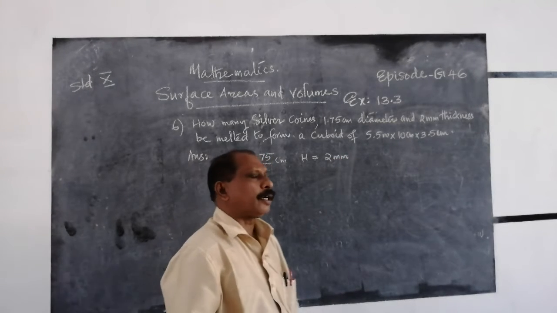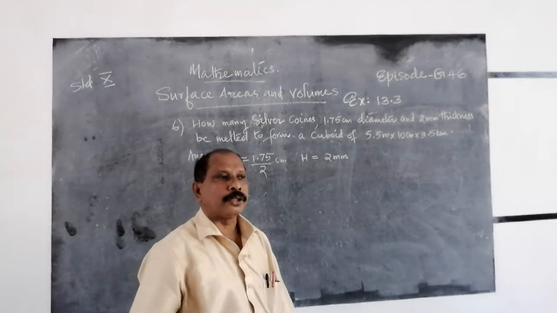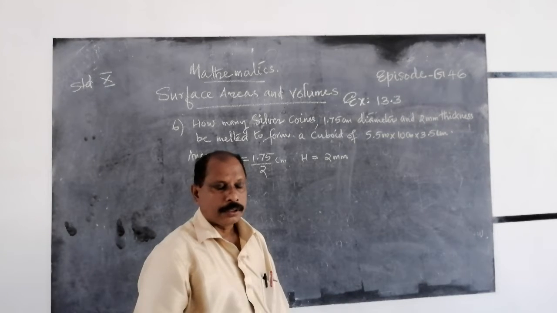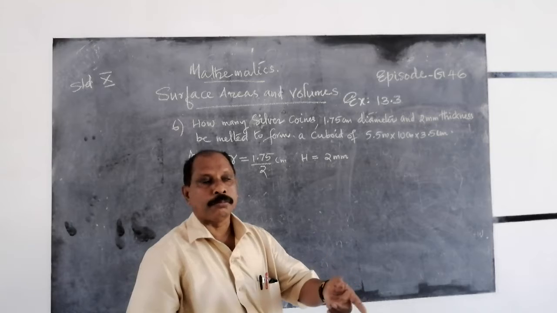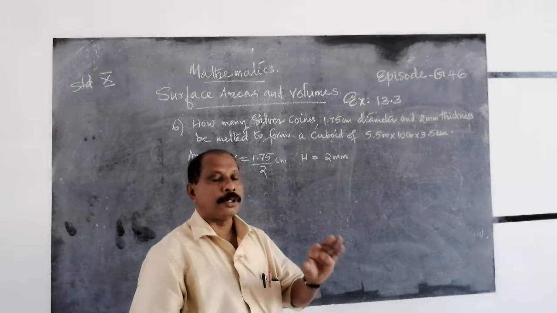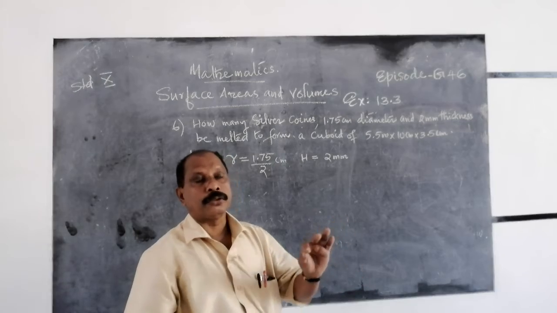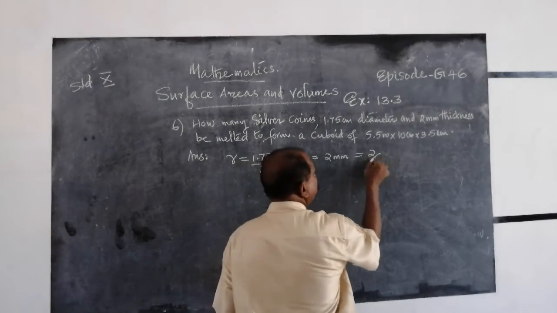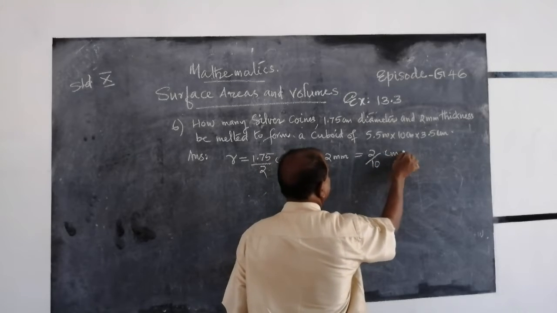The millimeter is to be converted into centimeter. 10 millimeter is equal to 1 centimeter. 10 centimeter is equal to 1 decimeter. 10 decimeter is equal to 1 meter. That means 100 centimeter is 1 meter. Therefore, that is equal to 2 by 10 centimeter.